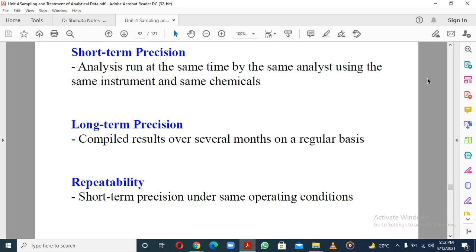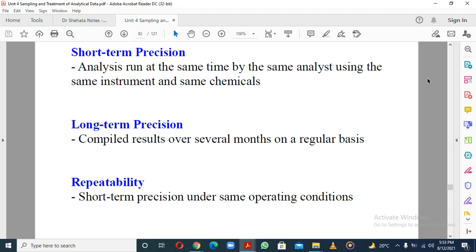Then we go to the long-term precision. For long-term precision, results are compiled over several months on a regular basis. Let's say you are trying to assess how much copper is in the copper ores being produced by Kansanshi. You'll be analyzing, say, every 6 months.